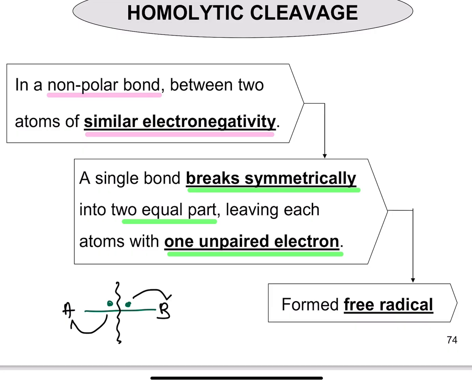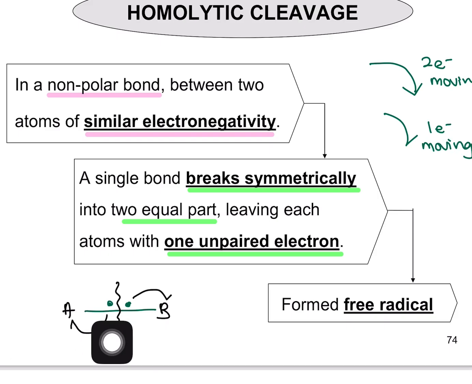Now I want you to take note of the arrow I'm using over here. In chemistry, arrows have meaning. When I draw a double-headed arrow, that means two electrons are moving. When I draw a single-headed arrow, that means one electron is moving, which is true for this case.